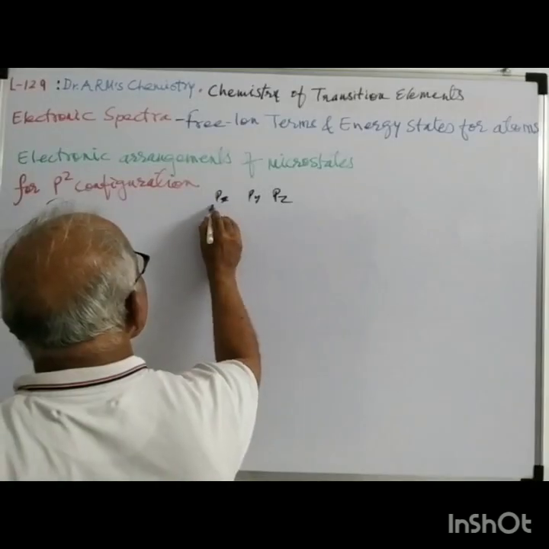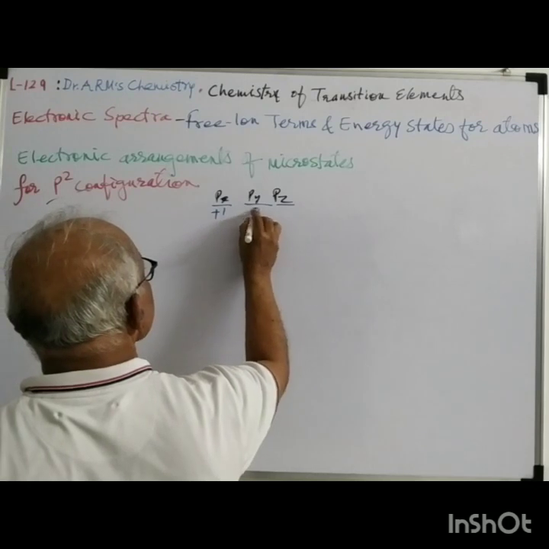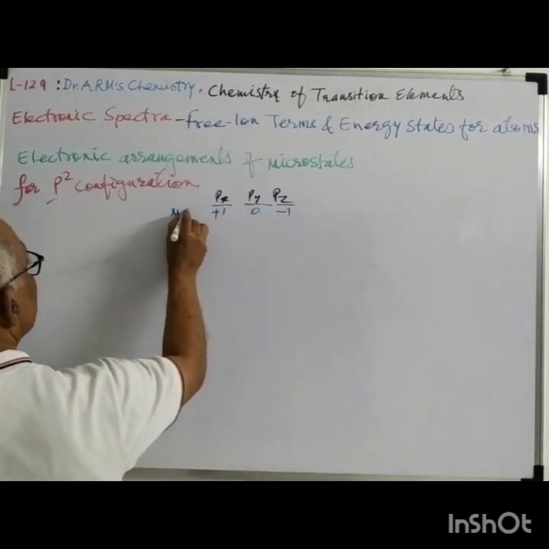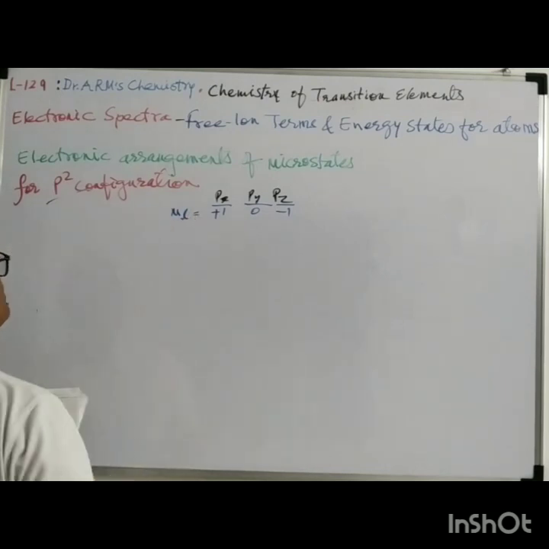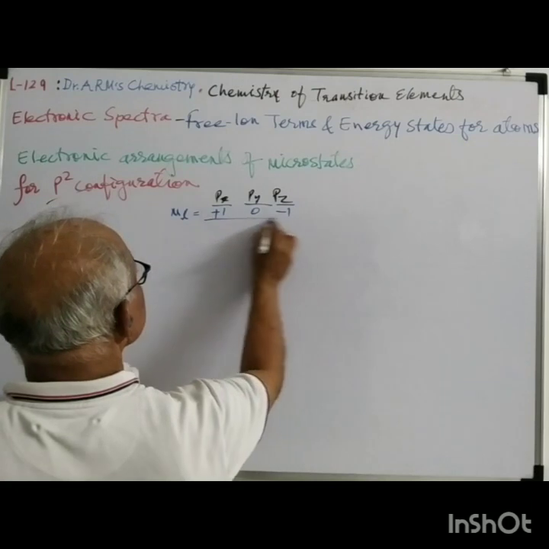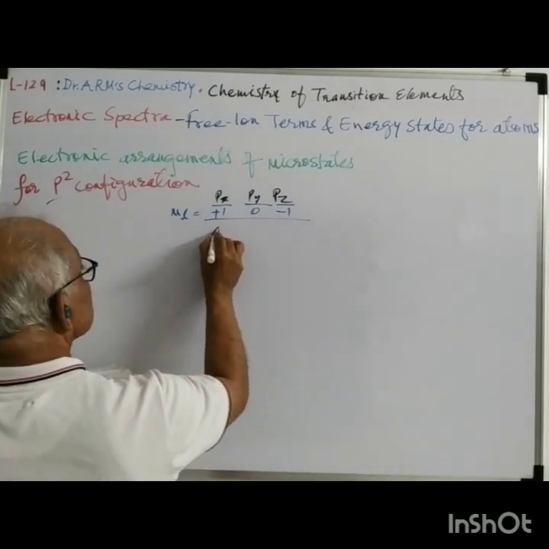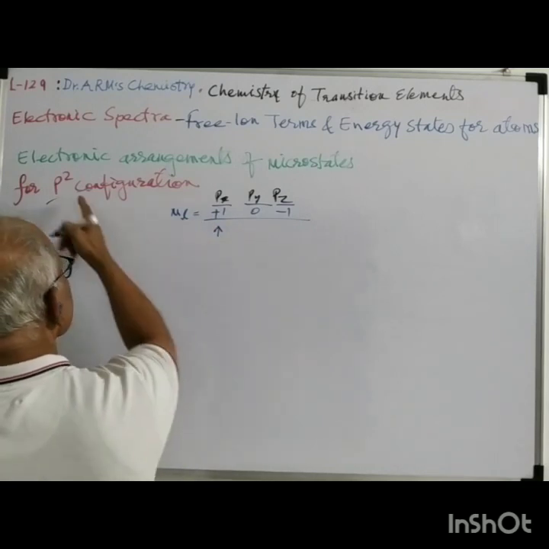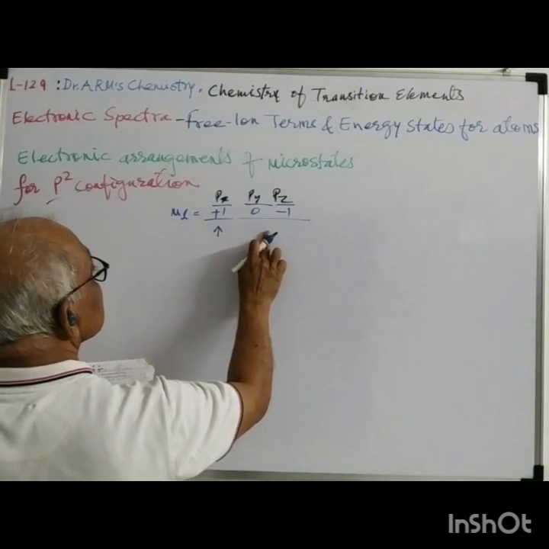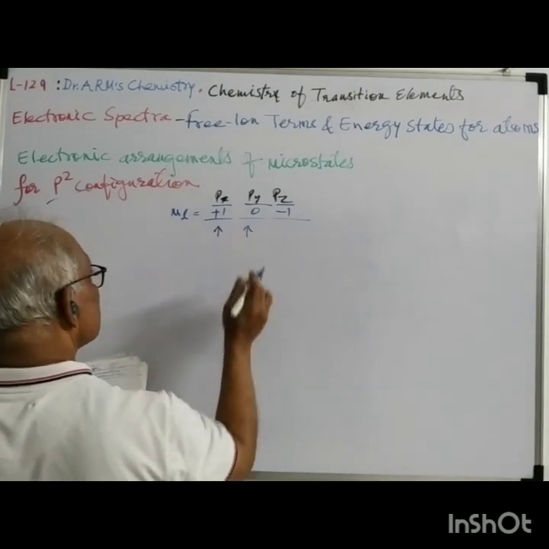With the 3 orbitals, this is with plus 1, 0, minus 1, that is, these are the ML values. So we can have the configurations like this. Now we will show this here. There are 2 electrons available, so we can have this configuration like this.